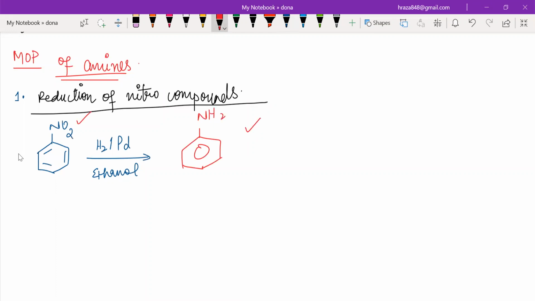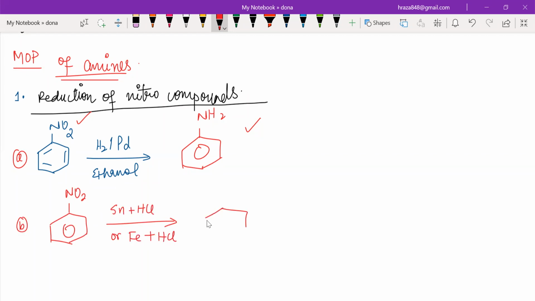There is another method for this. Instead of using H2 in the presence of palladium, we can use tin in the presence of HCl, or iron in the presence of HCl. This is your NO2. Either you can use Sn in the presence of HCl, or you can use Fe in the presence of HCl. So you will be getting this. And the most preferred way to prepare is this.